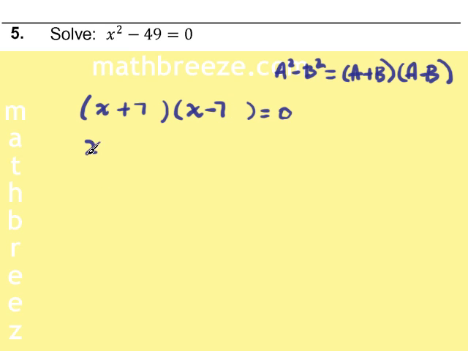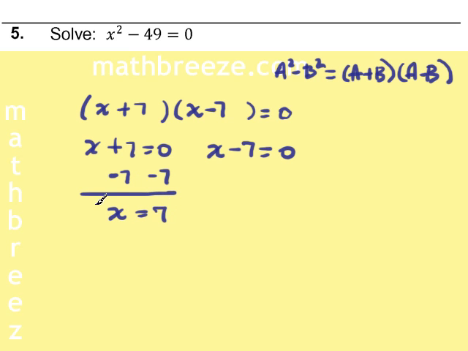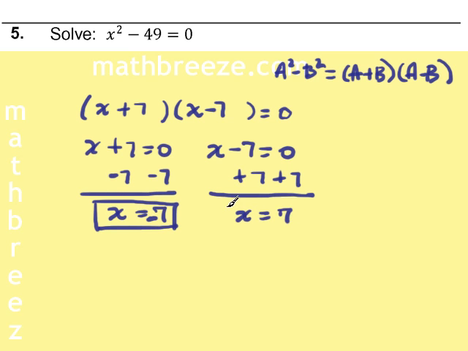And set each factor equal to 0 and solve. Subtract 7 from both sides. Sorry, this one's x equals negative 7, and this one is x is equal to positive 7. So 2 solutions, negative 7 and positive 7.